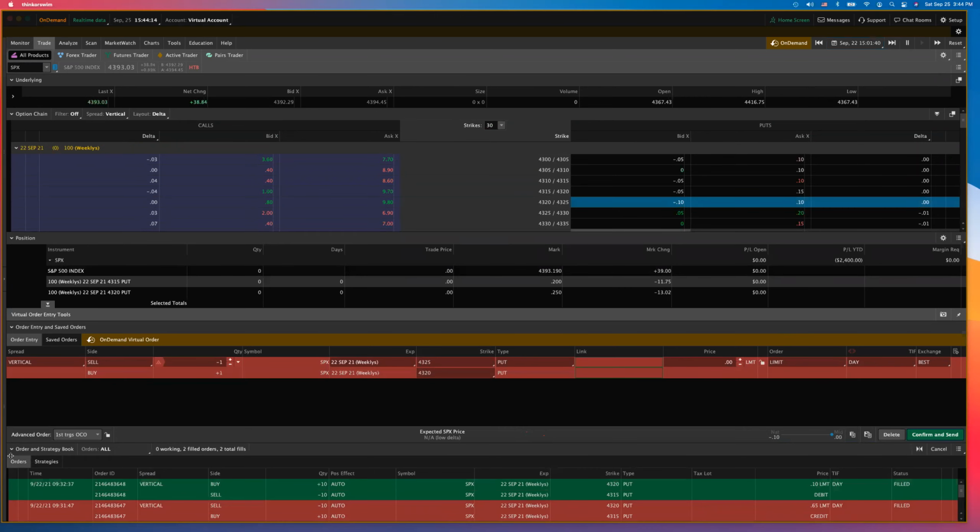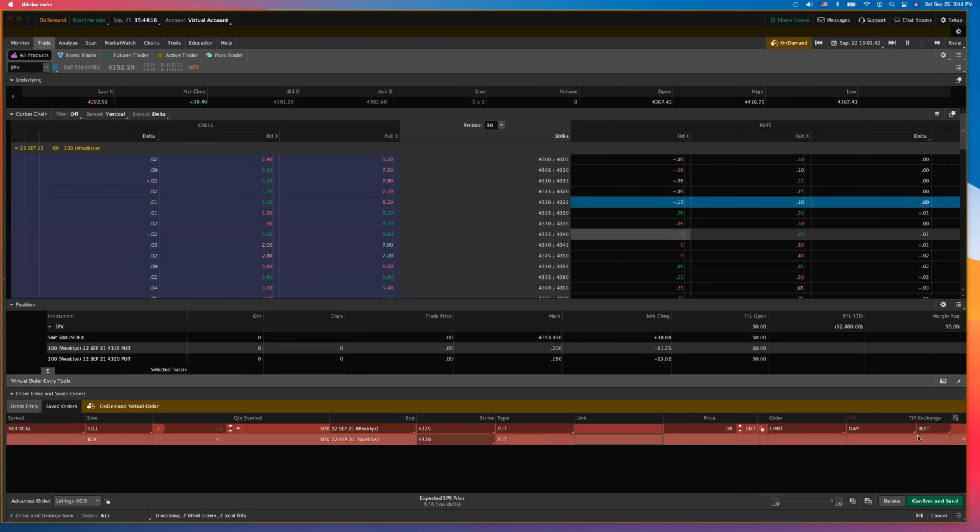So it begs the question, could I have let these expire worthless? And the answer is yes. Is it worth my time to wait all day long for 10 cents? Nope. Got better things to do.